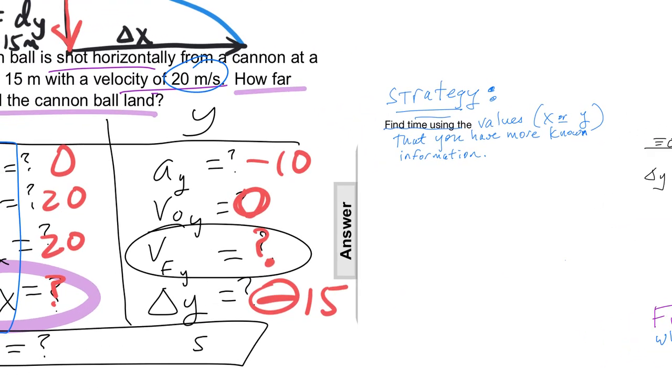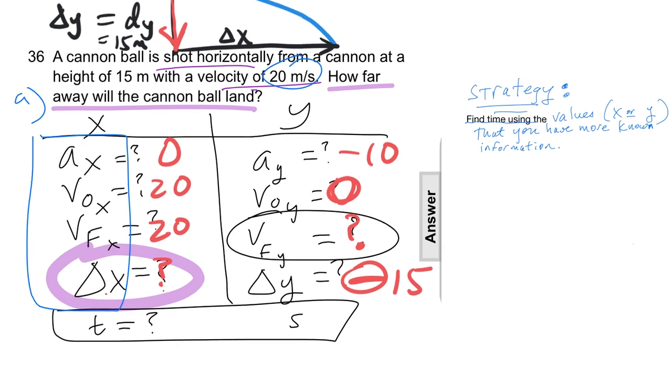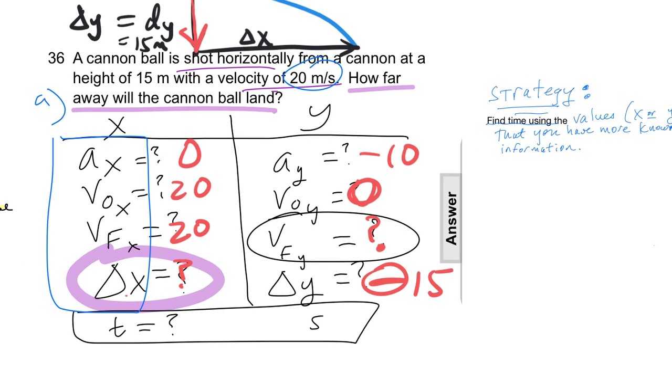I usually try to find the time first. And how do you find the time? That's the first step. Find the time if they don't give it to you. You use the values that they give you more info about.